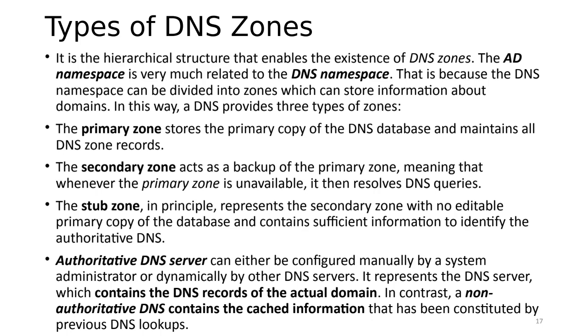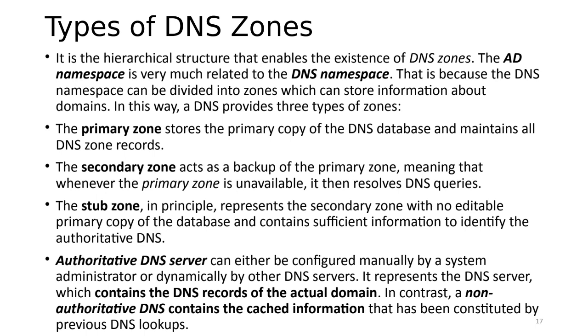The DNS namespace can be divided into zones, which store information about domains. And DNS provides 3 types of zones. Please remember this. We have the primary zone, which stores the primary copy of the DNS database and maintains all DNS zone records. Then we have the secondary zone. It acts as a backup of the primary zone.